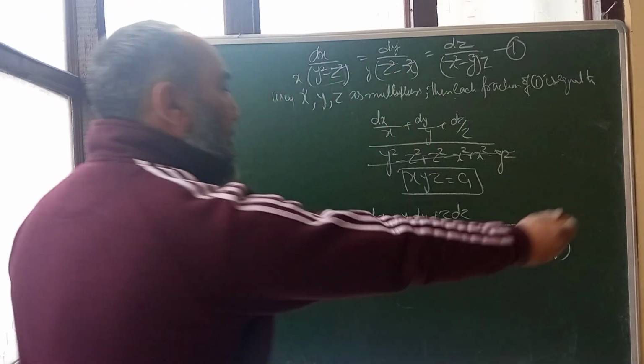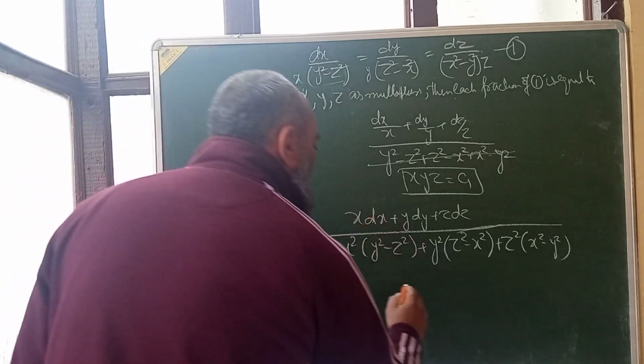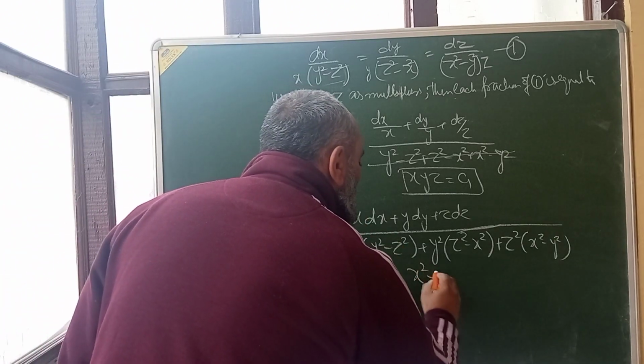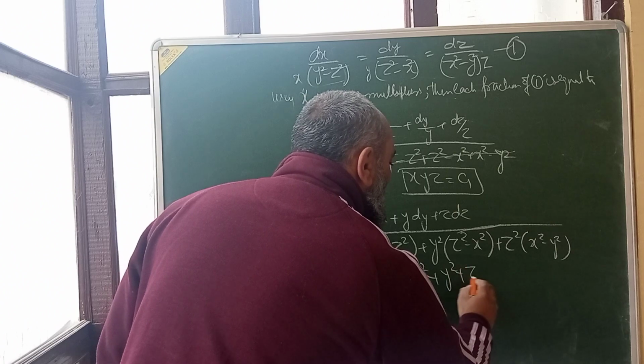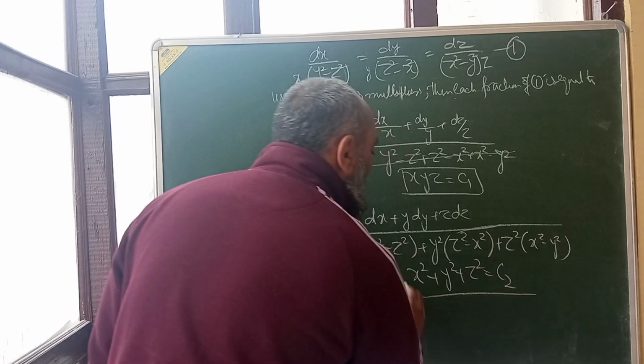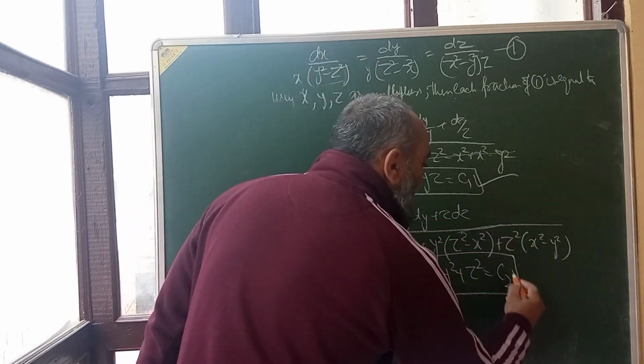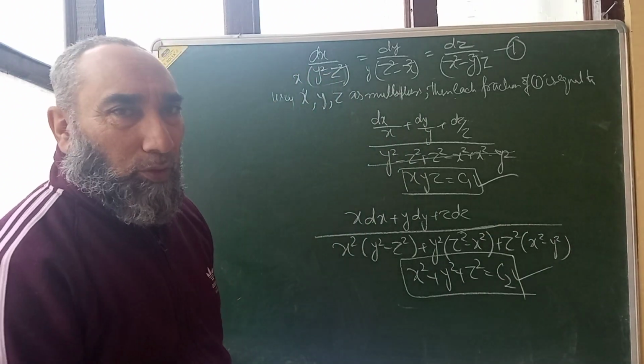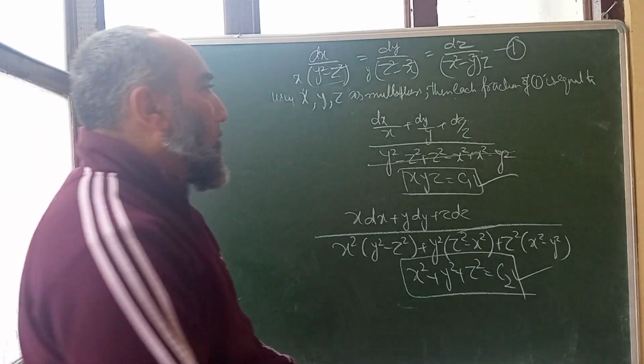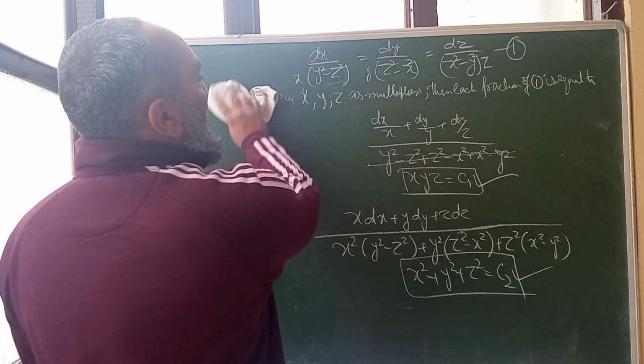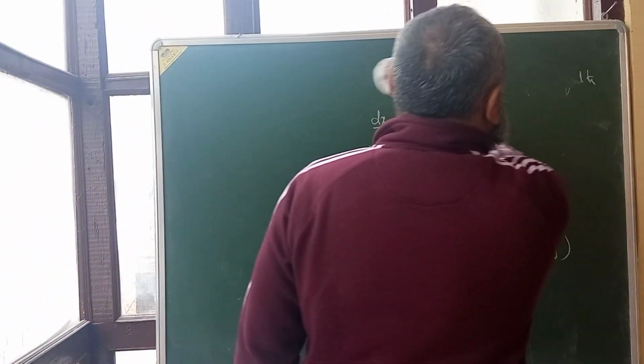So see, this is all 0. The denominator is 0. What will you get as a solution? The numerator is 0, so x square by 2, y square by 2, z square by 2 equals C2. So this and this together give us the solution. Okay. Next question. This was quite easy, huh? Following it.